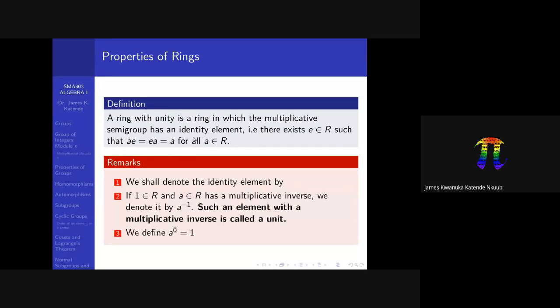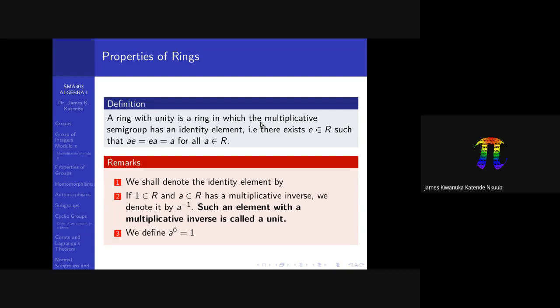So here is another property some rings may have. Not all of them will have it. A ring with unity is a ring in which the multiplicative semigroup has an identity element. Remember, under multiplication, the ring is only required to satisfy two properties, but it may have extra properties.